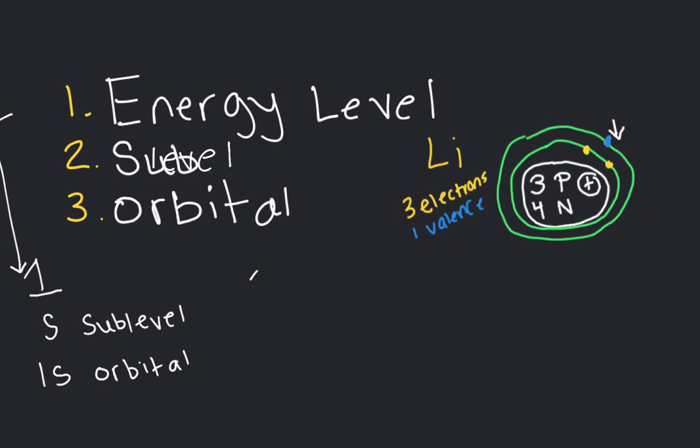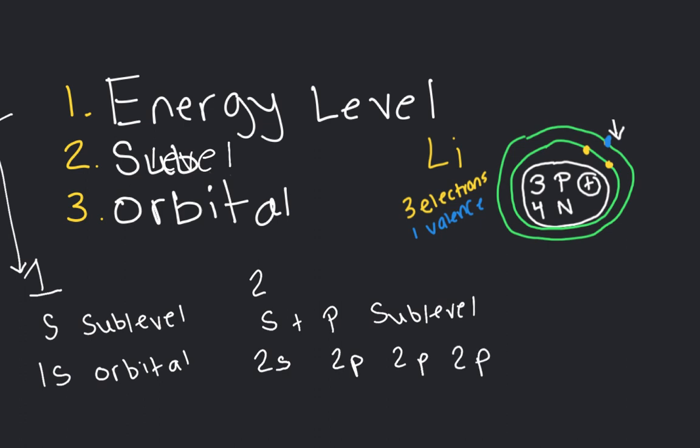In energy level 2, you have the s sublevel and the p sublevel. You have the 2s orbital, and then you have three 2p orbitals.